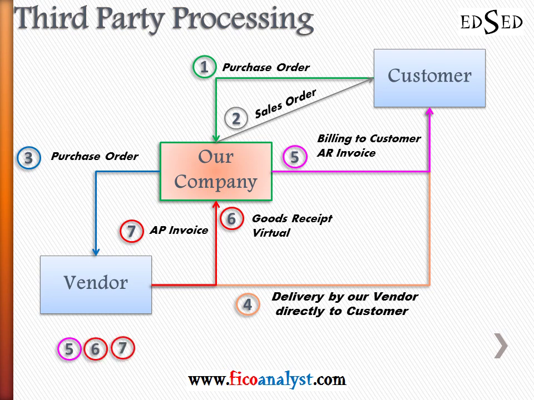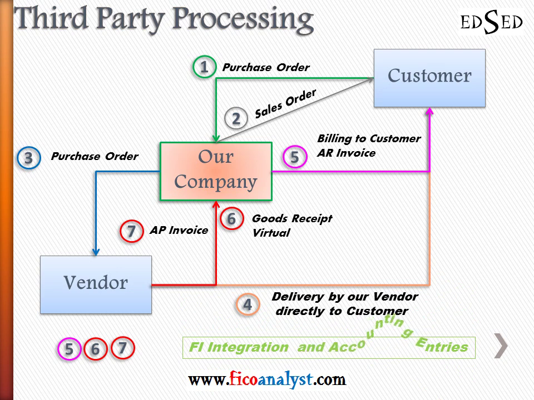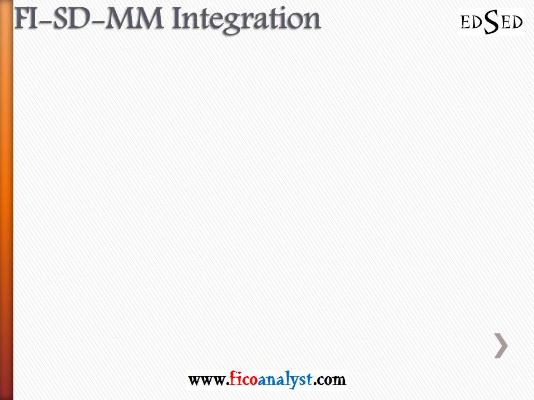So in total, step 5, step 6, and step 7 have accounting integration with accounting entries, and its FI integration. So overall, process wise, it is FI, SD, and MM integration.